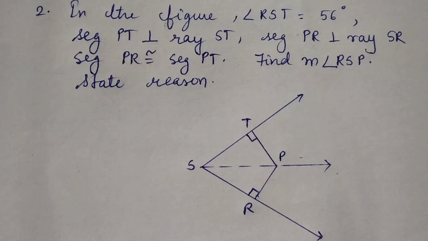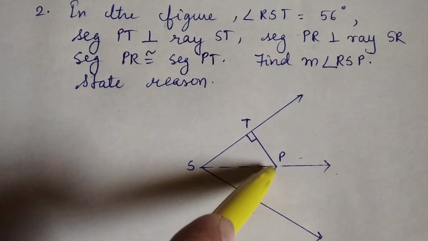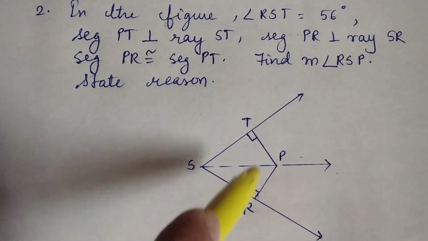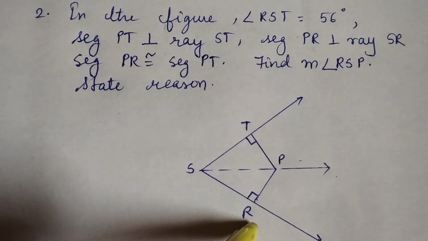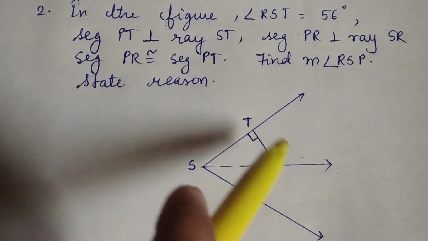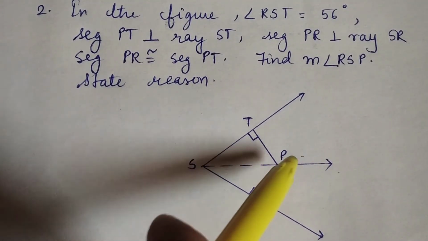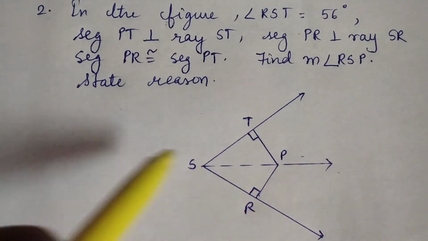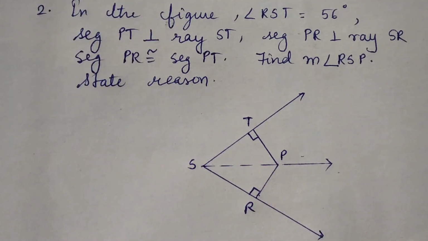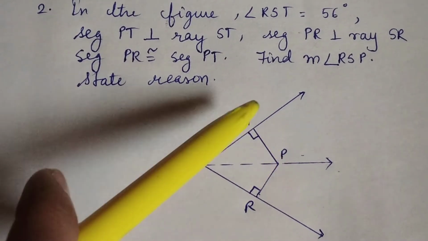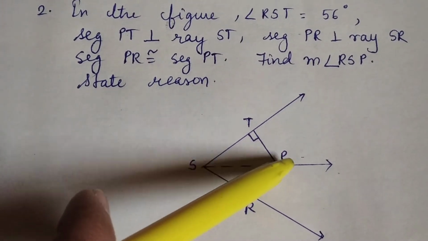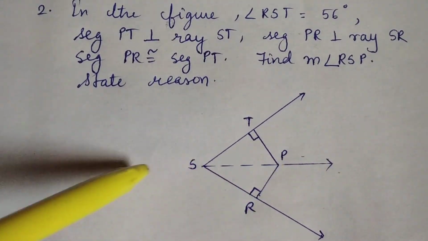The converse of the angle bisector theorem says that if there is any point whose distance from the sides of the angle is equal, which means if PT is equal to PR, then this P is going to be on the angle bisector. If the distance from the sides is equal, then that point is lying on the angle bisector.